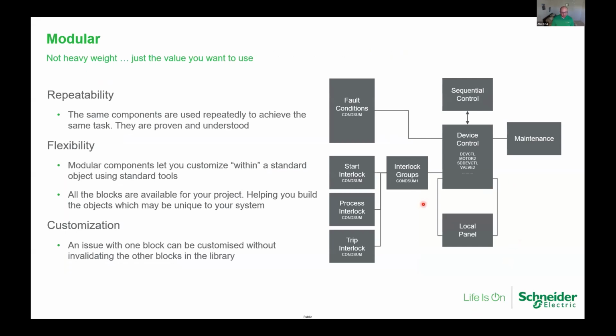If you have interlocks that are part of this device control, then you can drop the interlock block and start adding your start conditions, process interlocks, your trip conditions. If you have fault conditions that you want to have monitored, then you can put them into Control Expert and start linking them. So you get that flexibility to build your solution the way that you need it to.